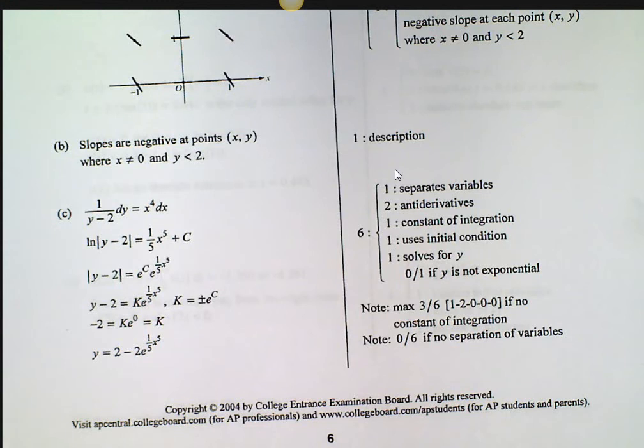Wait, what would happen if, say, you just put C on the question, would they give you a point? Here's the thing, guys. If you separate the variables by playing tic-tac-toe, just moving them around, not doing any real math, and then you slap an integral on it and just put a plus C, what you've done is you've made the problem easier.